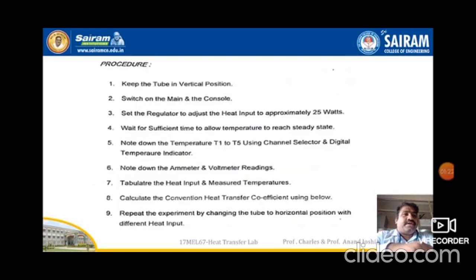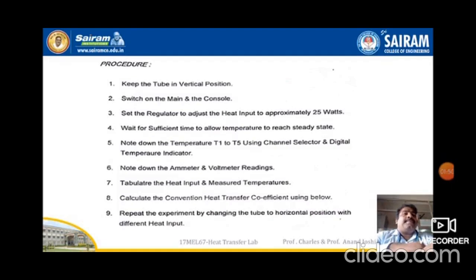The procedure for conducting this experiment is to keep the tube in vertical position initially, switch on the mains and console, and set the regulator to adjust the heat input to approximately 25 watts. Wait for sufficient time for the temperature to reach steady state, and note down the temperature readings from T1 to T5 using the channel selector and digital thermometer.